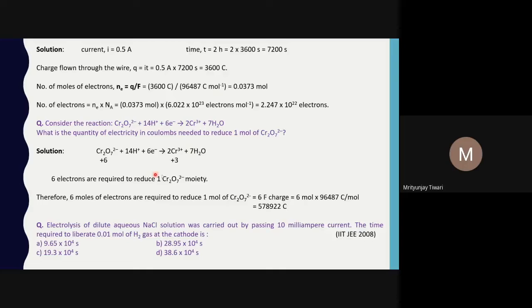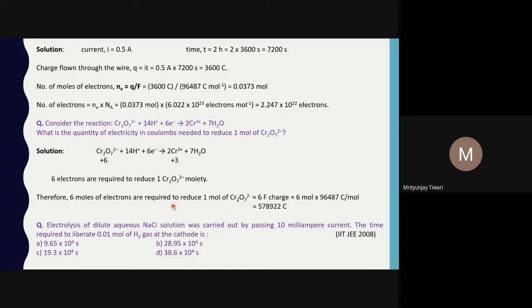So 6 moles of electrons are required to reduce 1 mole of dichromate. What is the electricity that is required?